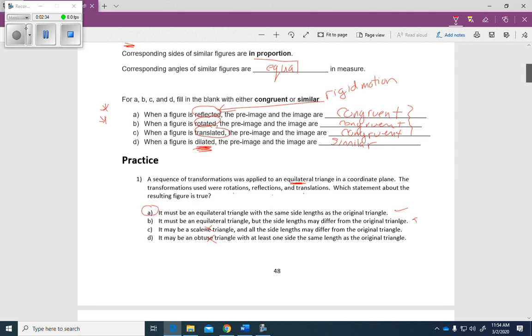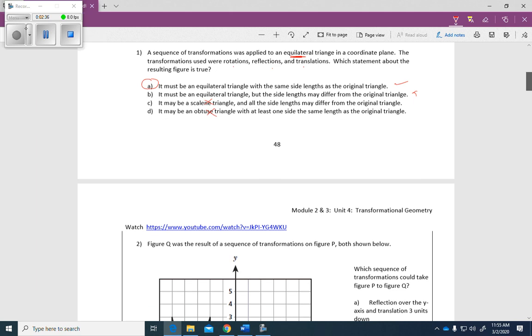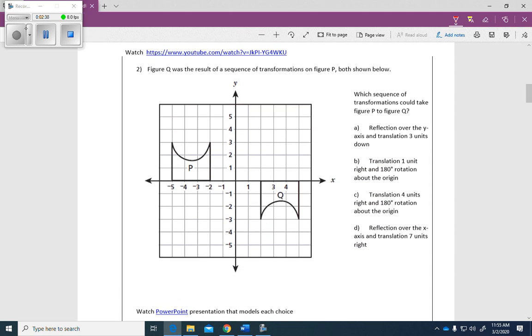When I'm doing these multiple choice questions, I'm going to give you my thoughts as I'm reading the question. So figure Q was a result of a sequence of transformations on figure P. So that means we're starting with figure P. Which sequence of transformations could take figure P to figure Q?